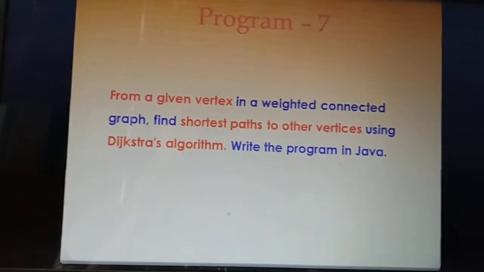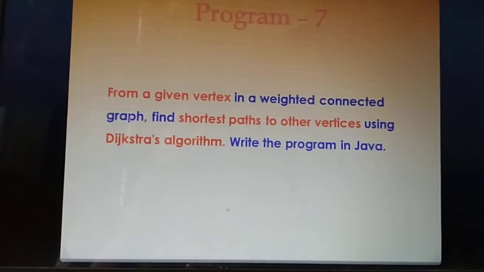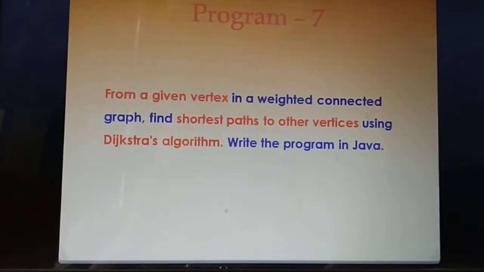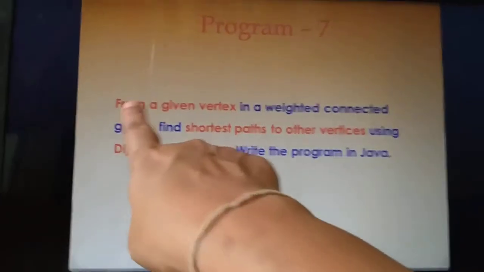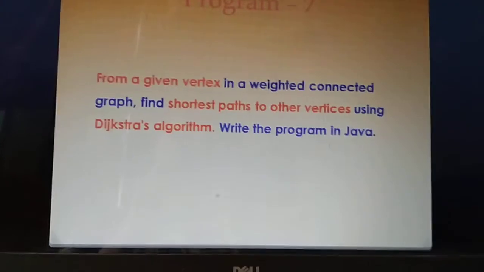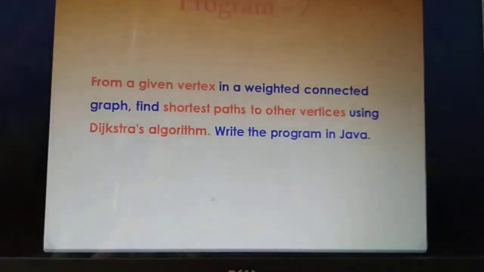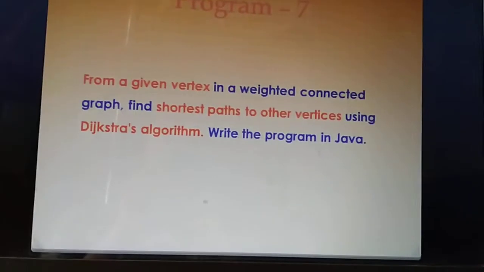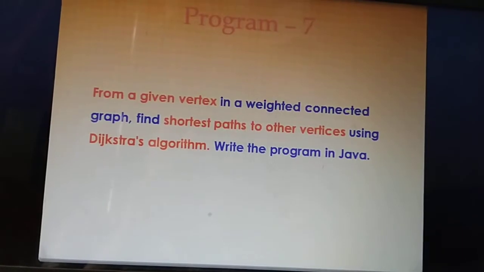So for a weighted connected graph, I need to find the shortest path from the source vertex to the other vertices using Dijkstra's algorithm, and whatever program you are writing, write it in Java.